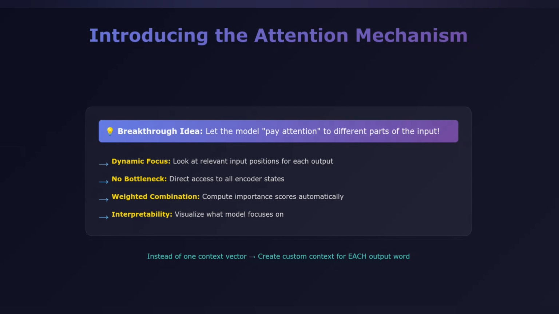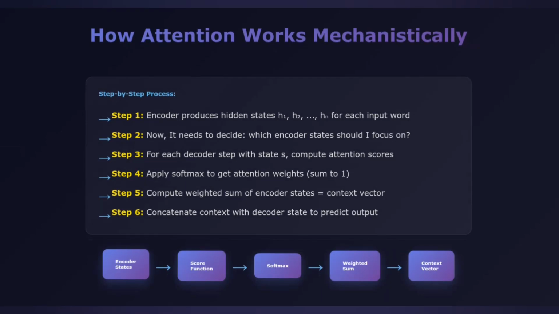Interpretability. We can actually visualize what the model is focusing on. This was huge for understanding neural networks. This was a complete game changer. Instead of one context vector for everything, we create a custom, specialized context vector for each output word. Mind-blowing.